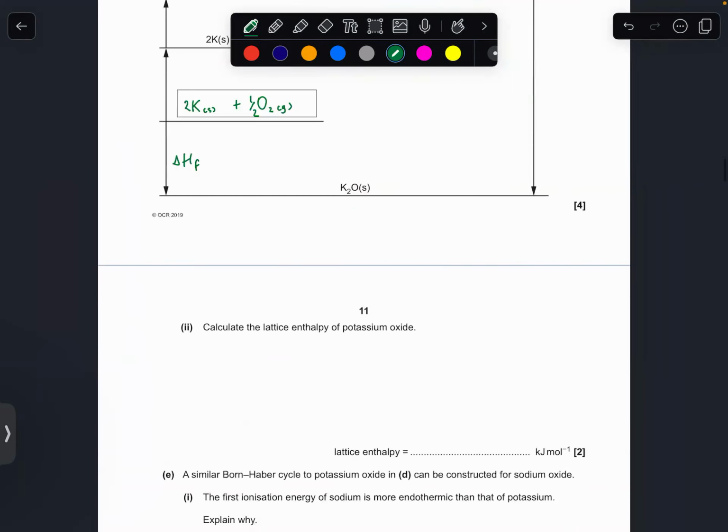Now, calculate the lattice enthalpy of potassium oxide. You see, the general formula for this is, it's like a hack. Lattice enthalpy is equal to the enthalpy change of formation minus everything else. This has never let me down.